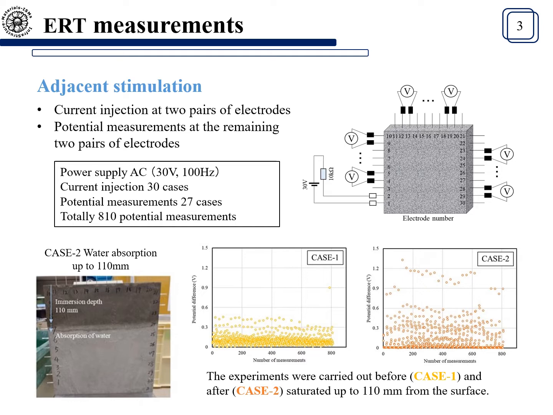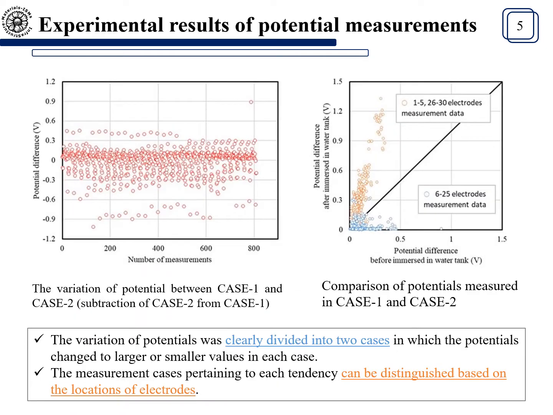In general, potentials could be smaller in the case of saturated concrete owing to smaller resistivity associated with pore solutions with higher conductivity. However, some cases registered larger values, although water absorption took place around the depth of 110 mm. The variation of potential between case 1 and case 2, subtraction of case 2 from case 1, was calculated and shown in the figure.